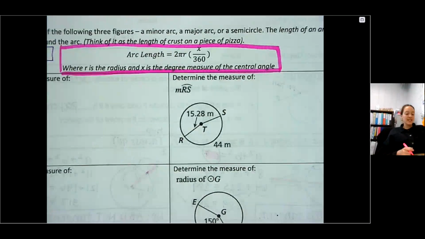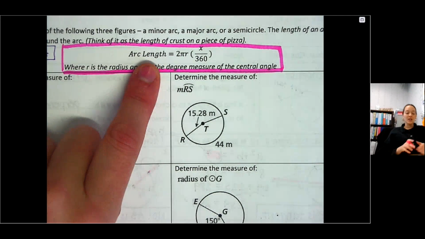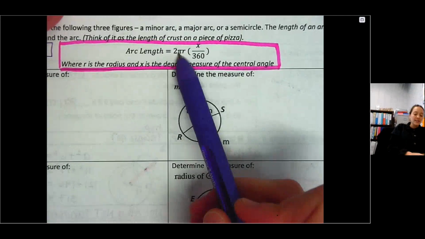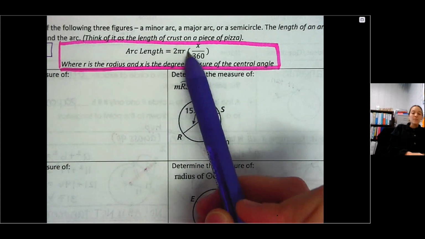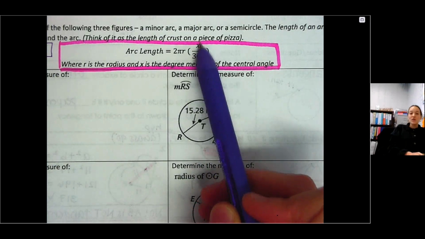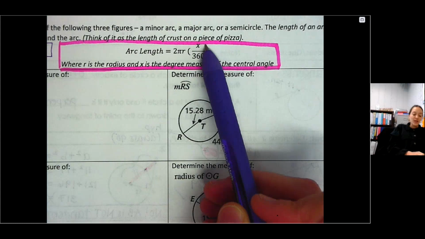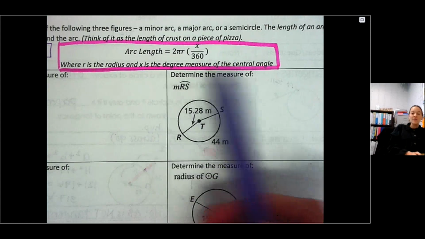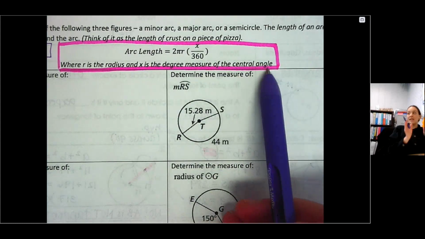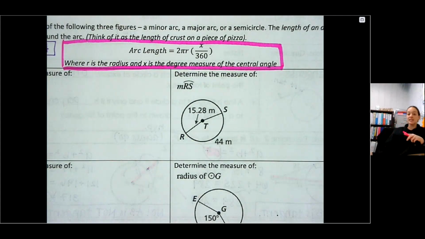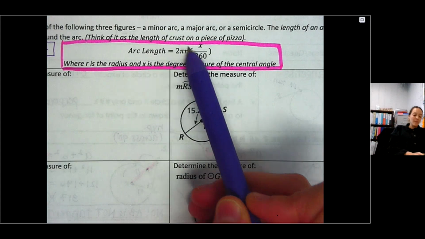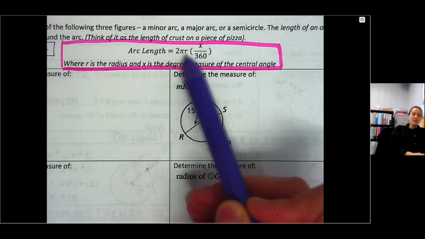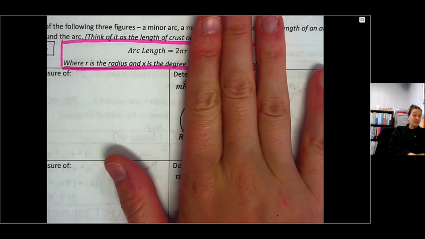To find the arc length, we take 2 times pi times r, where r is our radius, and we multiply that times x over 360. X is going to be the degree measure of the central angle. So it's how many degrees it is out of 360. And then we multiply it by 2 pi r. Does anybody remember what 2 pi r gives you? Just what that little formula is by itself?